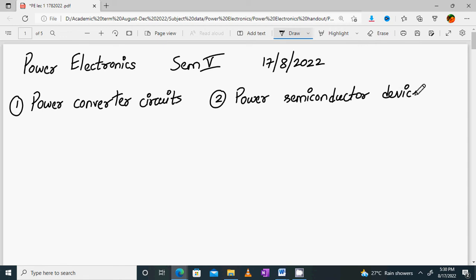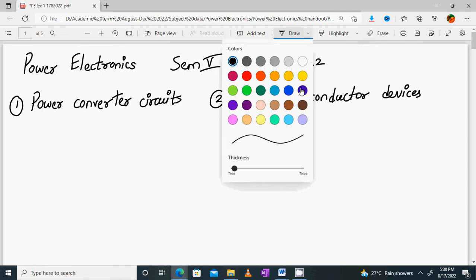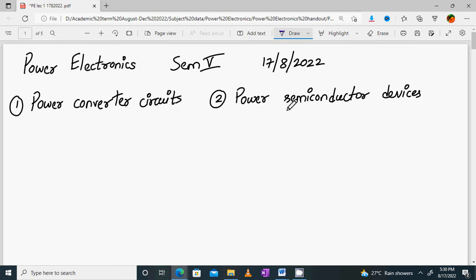You all have studied semiconductor devices in your lower semester, which were diode, BJT, MOSFET, JFET, right? But in this semester, we'll be dealing with some power semiconductor devices.